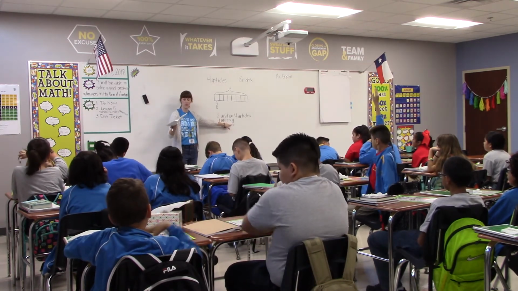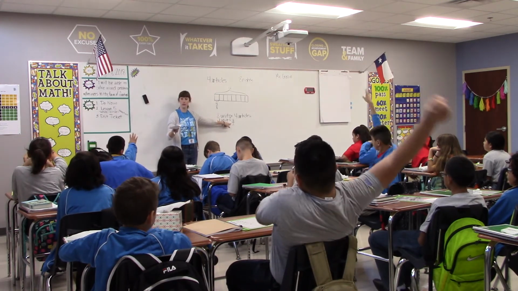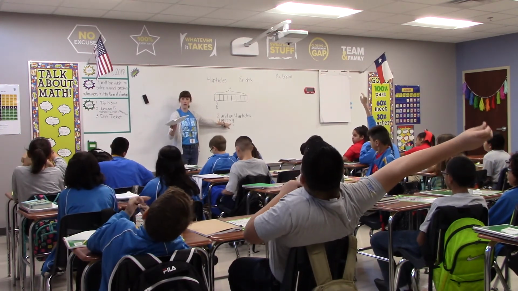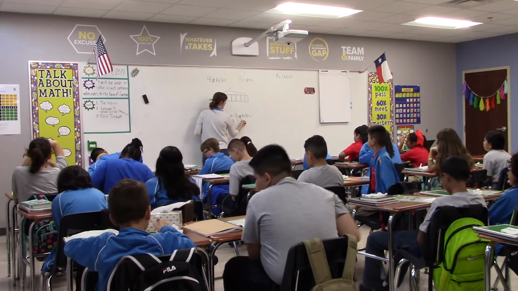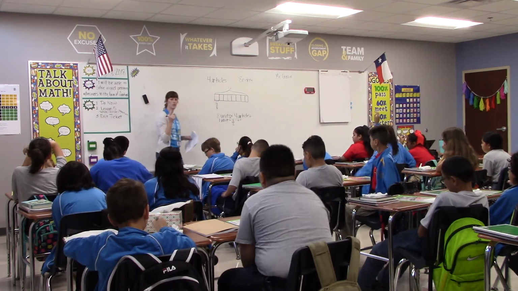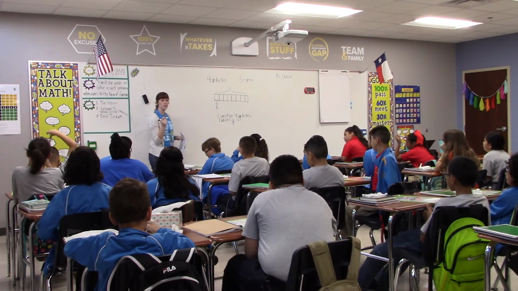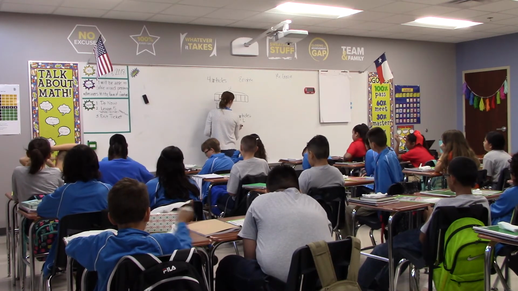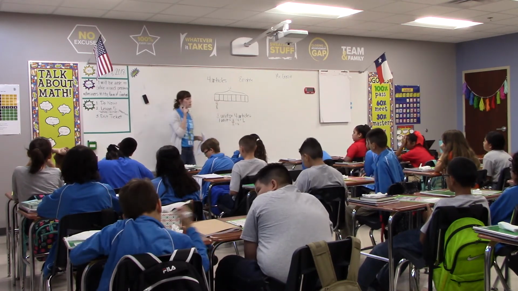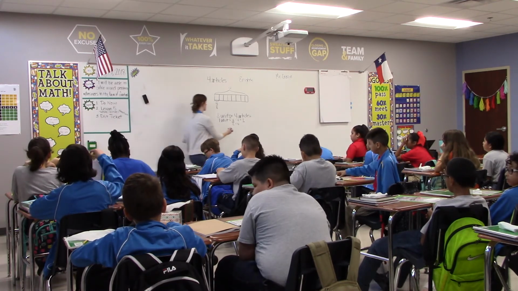Our common factor between 8 and 4 is 4, right? Because I can divide 4 by 4, and I get 1. 4 divided by 4 is 1. 8 divided by 4 is 2.